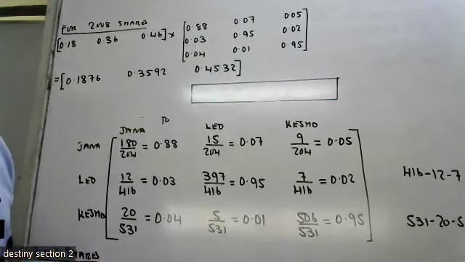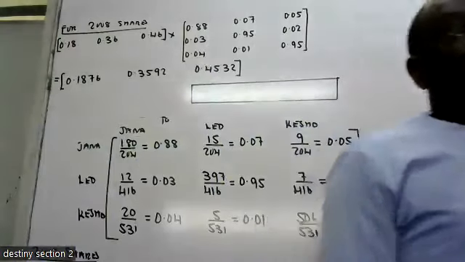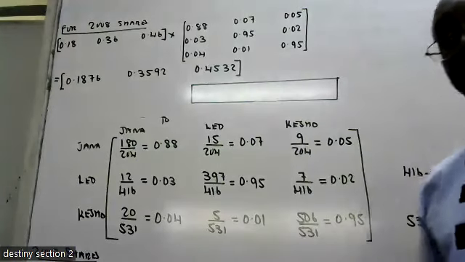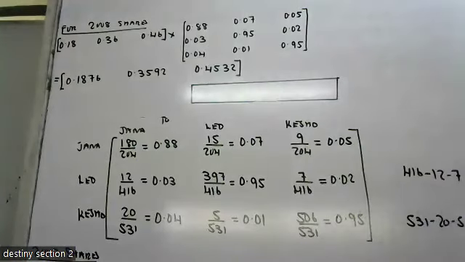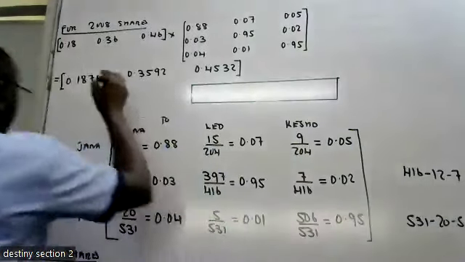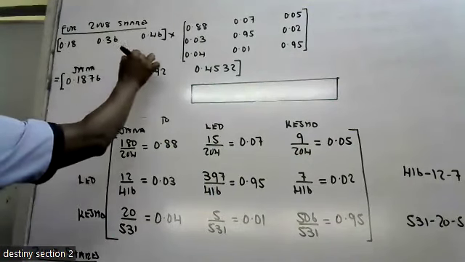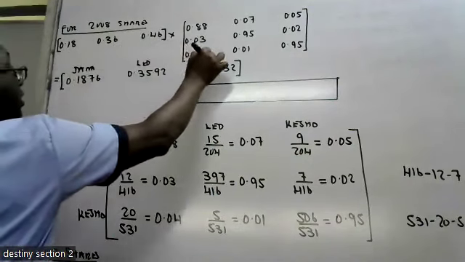So those are the shares of 2008. Remember that this is for Jana, this is Leo, and this is Kesho.